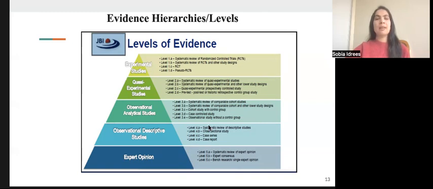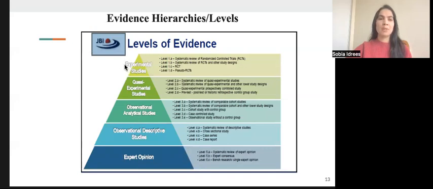The level at the bottom you see is called expert opinion. The level at the bottom has the lowest methodological quality. And as we go up, the methodological quality of these studies becomes higher, so they are more applicable in the context of patient care.